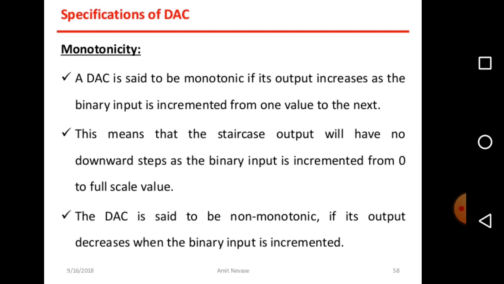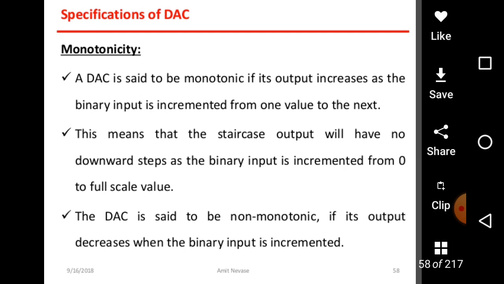Next specification of DAC is monotonicity. A DAC is said to be monotonic if its output increases as the binary input is incremented from one value to the next value.